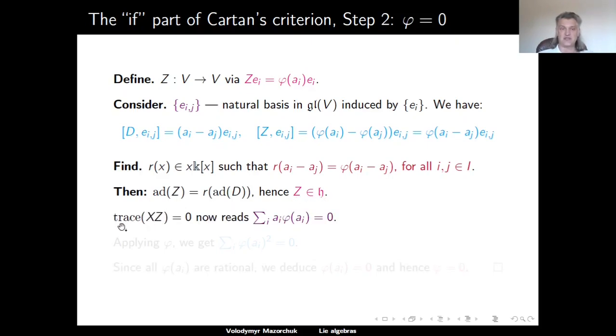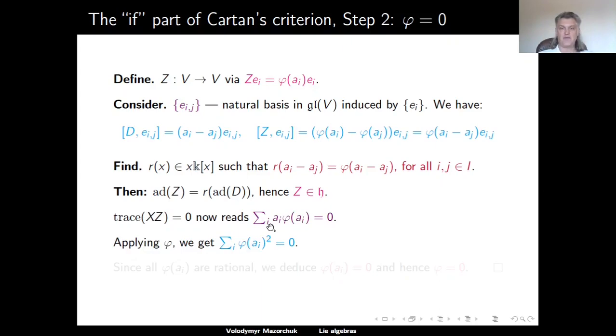Our assumption that the trace of x times z is equal to 0 can now be rewritten as a sum over all i. Ai is the eigenvalue for D, so it's the diagonal element of x, times phi of Ai. Phi of Ai is the eigenvalue for z.